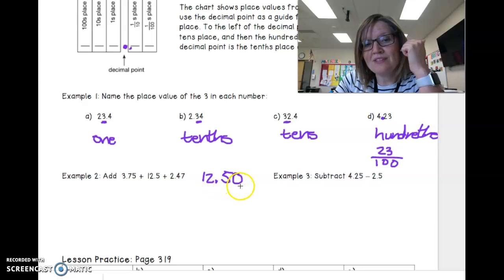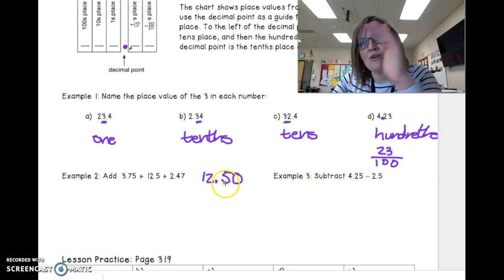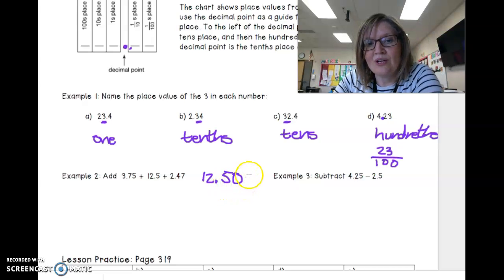They both have the same value. Adding a 0 to the right of a decimal does not affect its value. So we could say 12 and 5 tenths, 12 and 50 hundredths, 12 and 500 thousandths. We could keep going on and on. It will not affect its value.